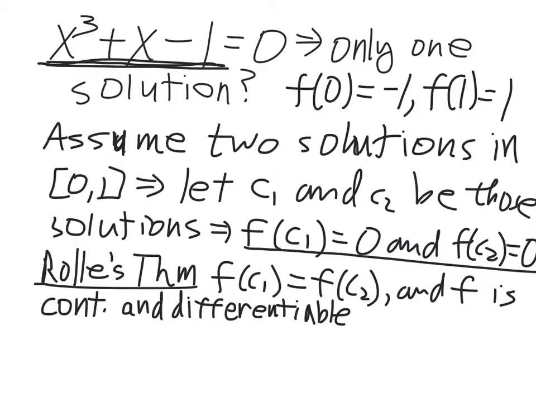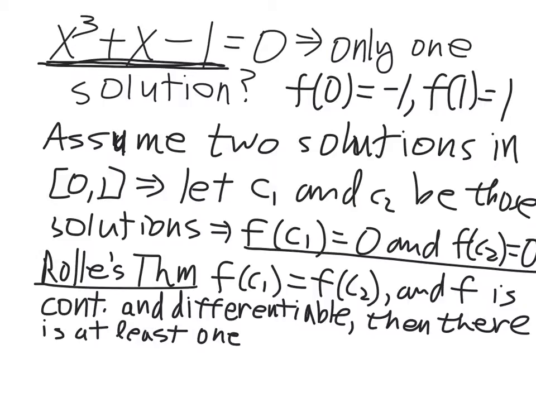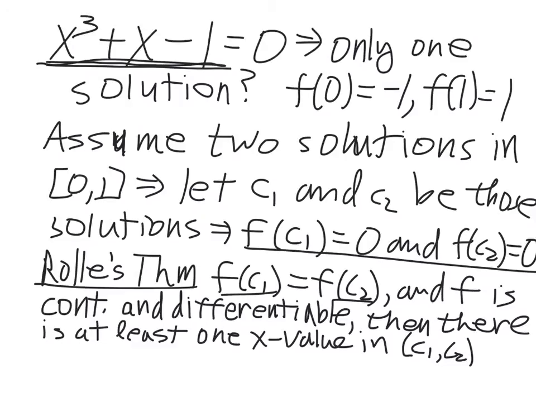So Rolle's theorem says since all of these have been met, then there is at least one x value in this interval in between our two solutions such that f prime of x equals 0.